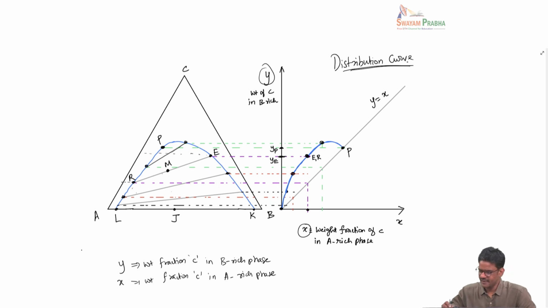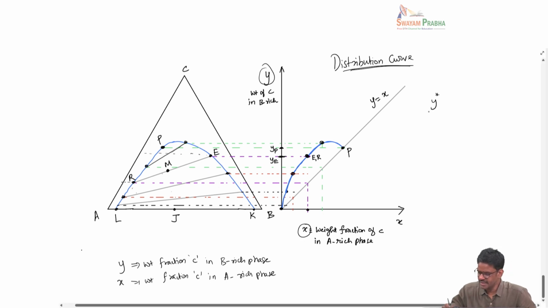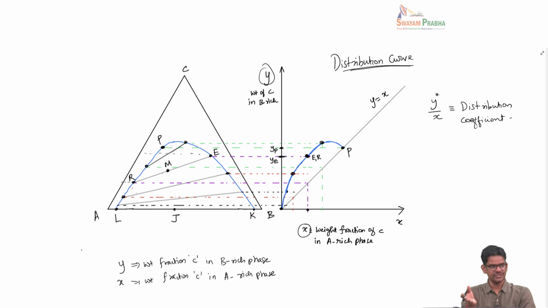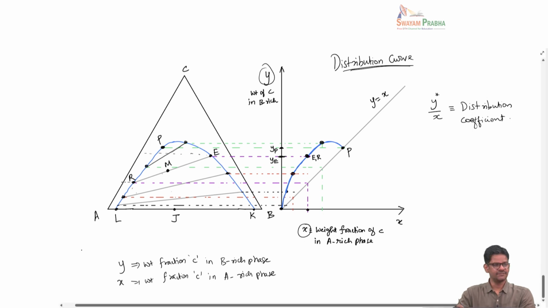And we also define y star by x as the distribution coefficient. So clearly you see this distribution coefficient is not constant, it depends on the x and y value at which you are looking. So you can define the distribution coefficient across the composition range. Probably the distribution coefficient will have its highest value here and a lower value here, and so on.